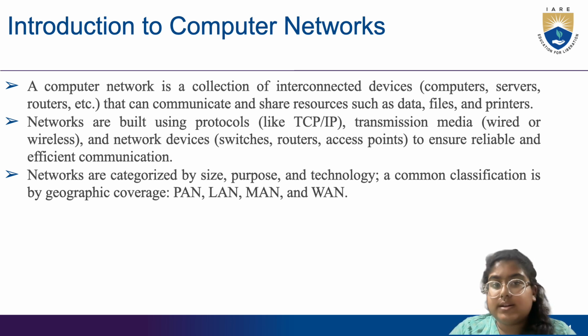Networks can use wired connections like Ethernet or wireless technologies like Wi-Fi. Additionally, network devices such as switches, routers, and access points ensure smooth and efficient communication. Networks are classified based on size, purpose, and technology. But today, we focus specifically on the classification based on geographic coverage.